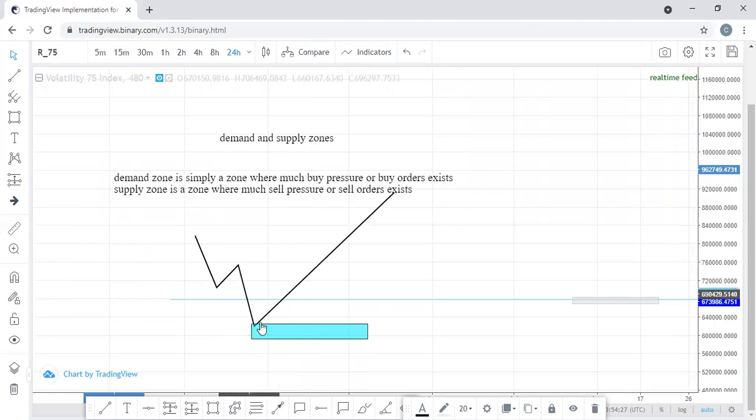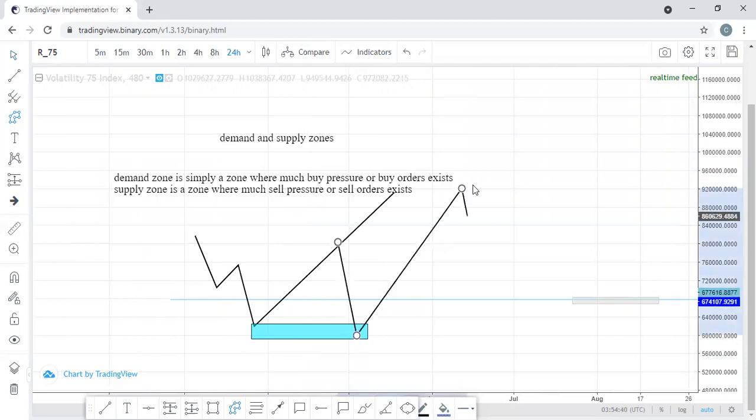And the moment price got to this place, they were activated, and then you see this sharp rally up. So this zone becomes a zone of interest, because sometime in the future, if price should eventually come back to this place, we are going to see something like that again. It's worth noting that these supply and demand zones are very, very relevant in your trading because they help you to catch the large moves.